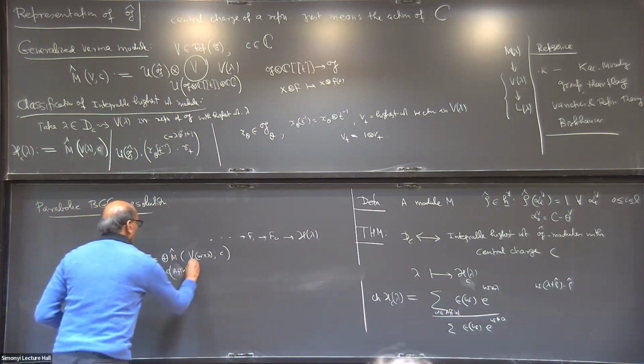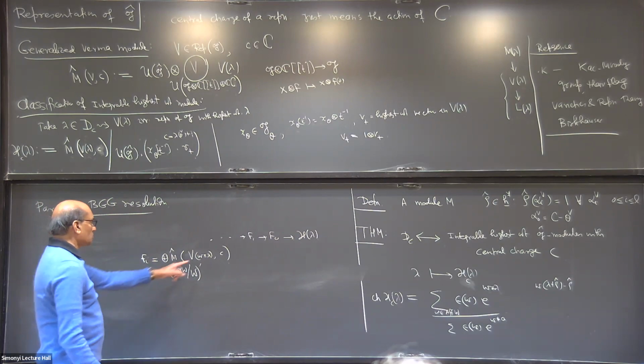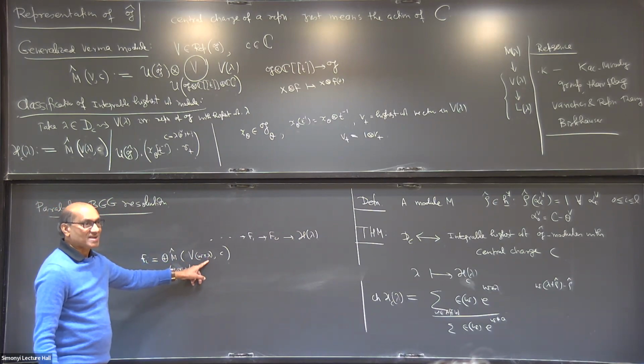And I take the smallest coset representative, and that will ensure that W star lambda is dominant for the finite G.